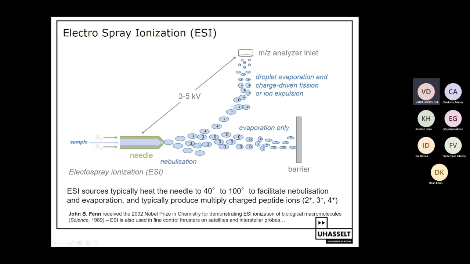So what happens with the analytes that do not get a charge? Well, they will be sprayed against this barrier. That ensures that we only have charged ions in our mass spectrometer, and that's very convenient because we need these charges to manipulate ions and ion beams.